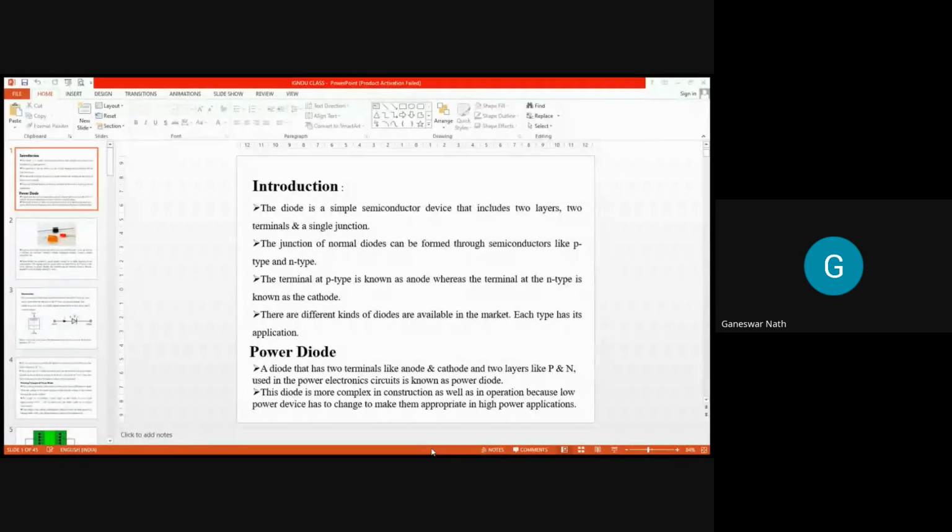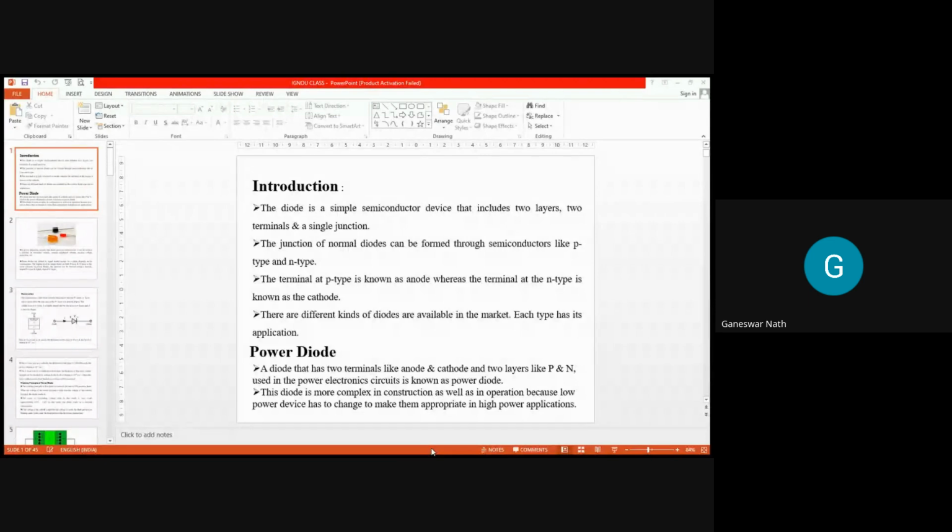So in this context, let me start with the basic fundamentals of the PN junction diode. As all of you know from your physics background, these diodes are simple semiconductor devices which have basically two layers, two terminals and a single junction.